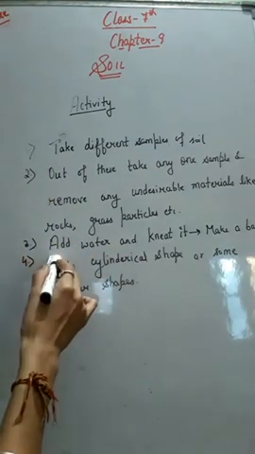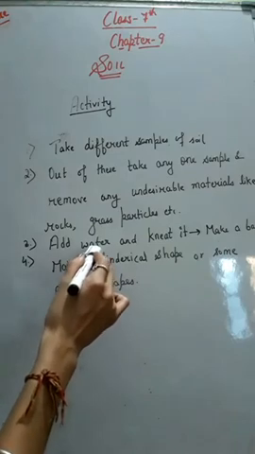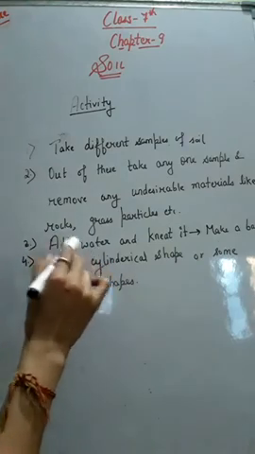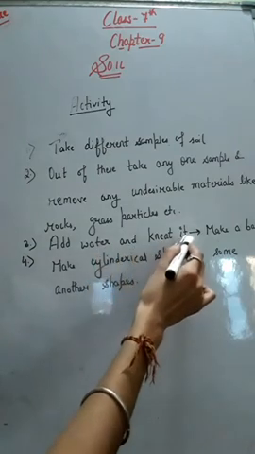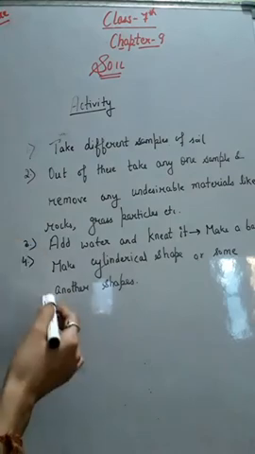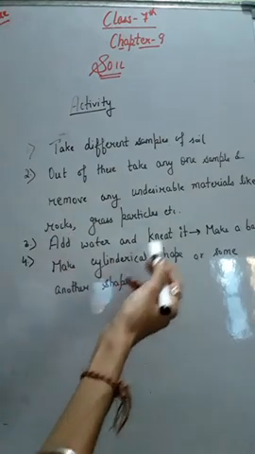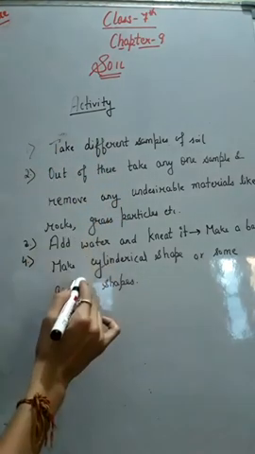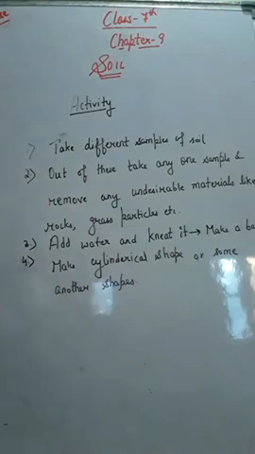After that, add a little amount of water, and knead it and try to make a ball. After that, try to make a bowl, a cylindrical shape or some other shapes. Do the same with other samples. When you try with different samples, you can find out which soil is the best for making toys and statues.